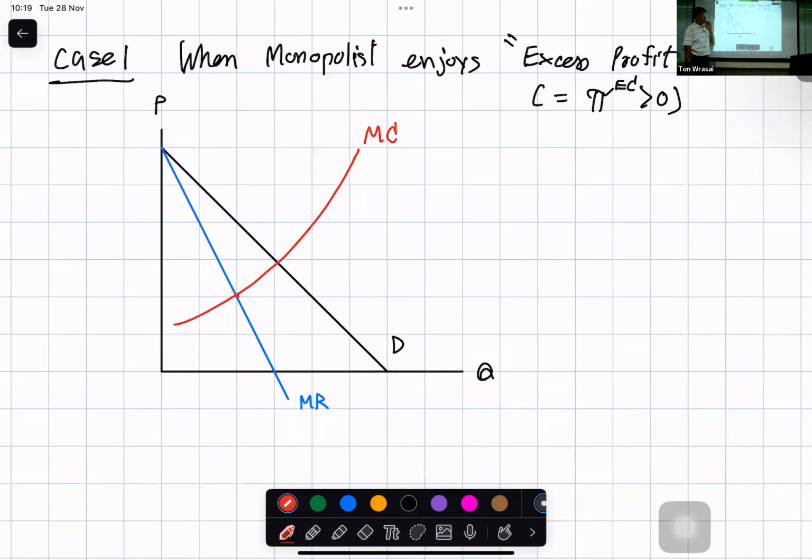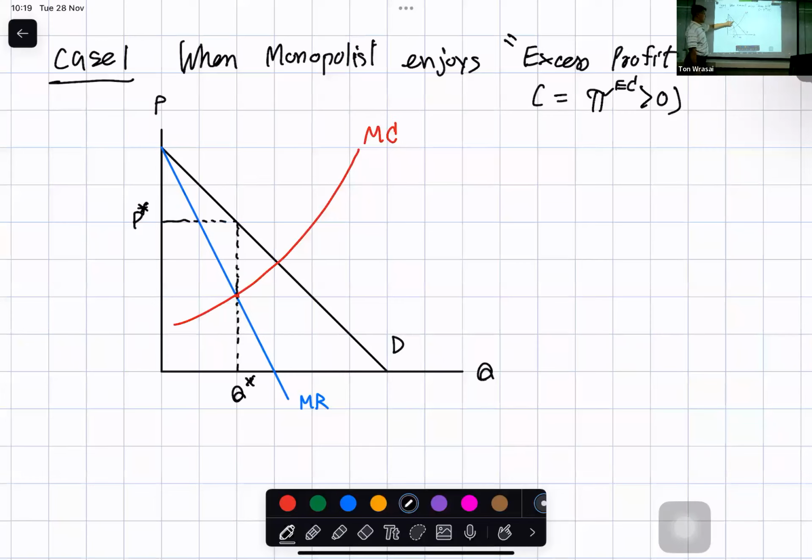Next, first of all, you know that with the MR equals MC rule, Q star must be here, where marginal revenue intersects with marginal cost. And P star, it's here.